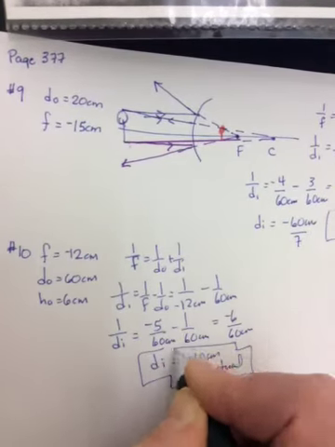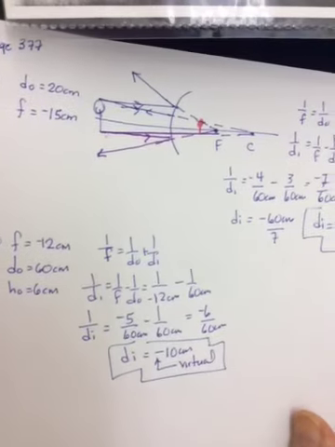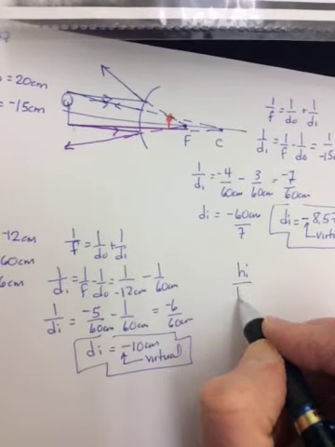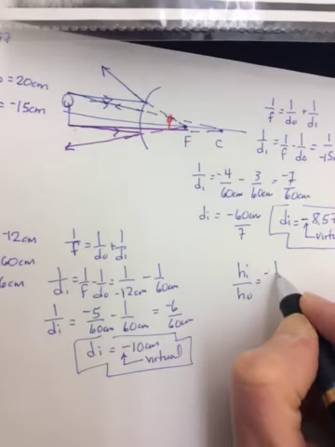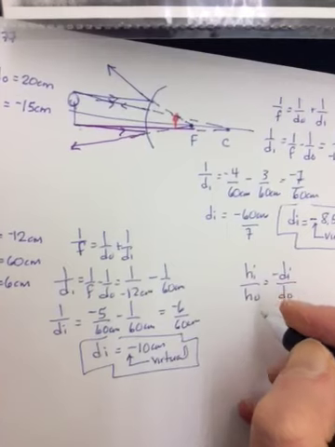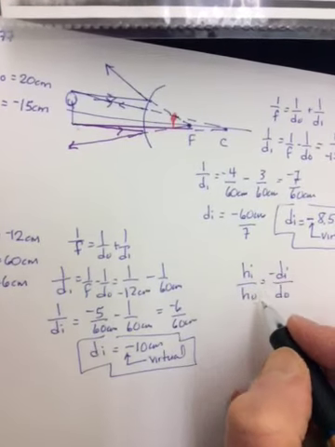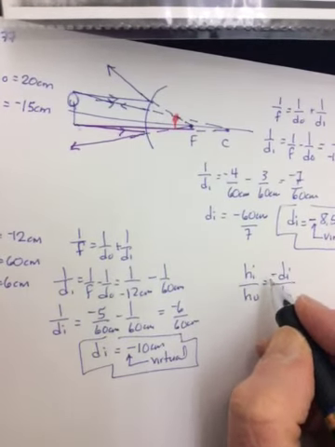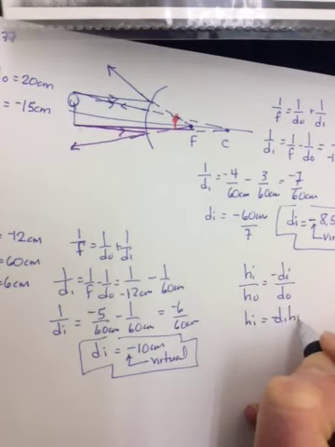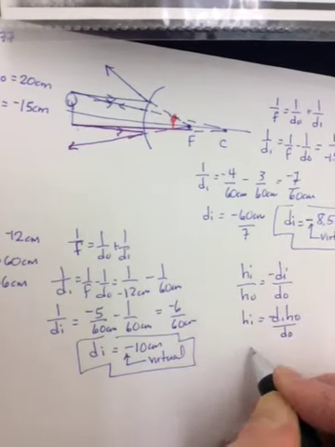Okay, my bet is the second part of the question wants to know how big the image is. What is the diameter of the image? So you're looking for HI, so HI over HO equals negative DI over DO, using the textbook's equation with the negative. So HI is equal to negative DI HO over DO.